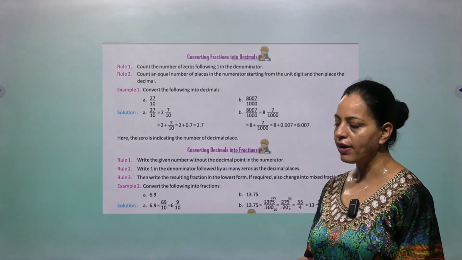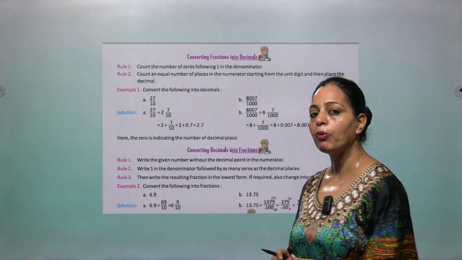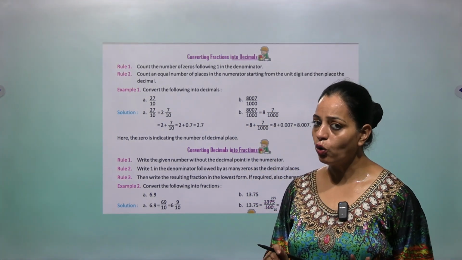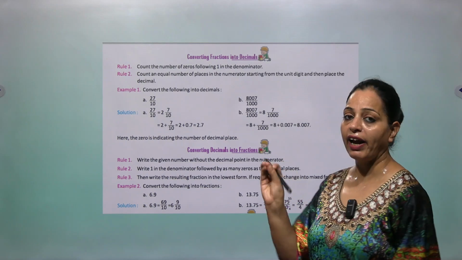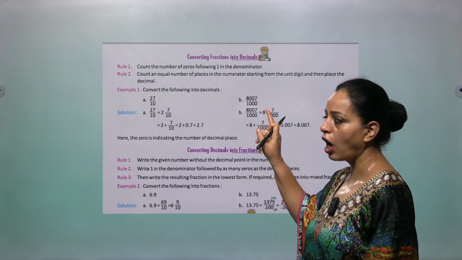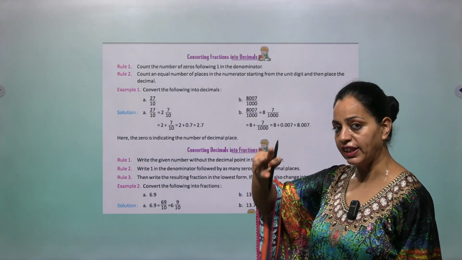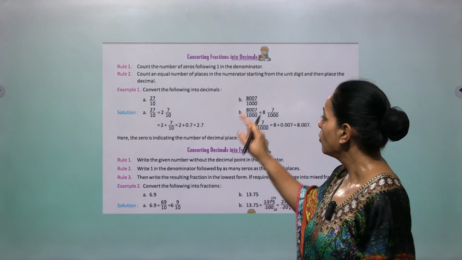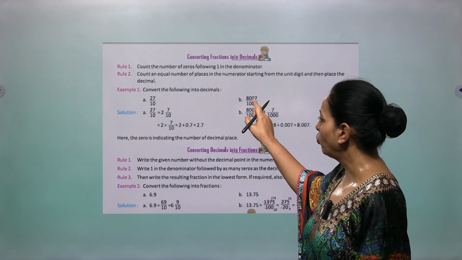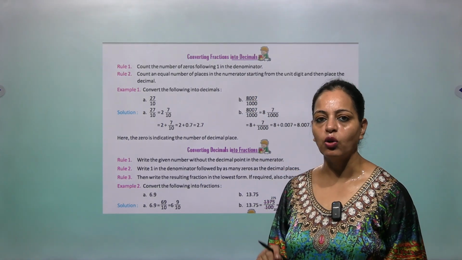Now see B part here. 8007 upon 1000. अब 1000 है, 3 zeros हैं. तो आप क्या करेंगे? You can write directly also. 3 zeros count, 3 digits count करो unit से, ones digit से. So what will you get? 1, 2, 3 यानी 8.007.